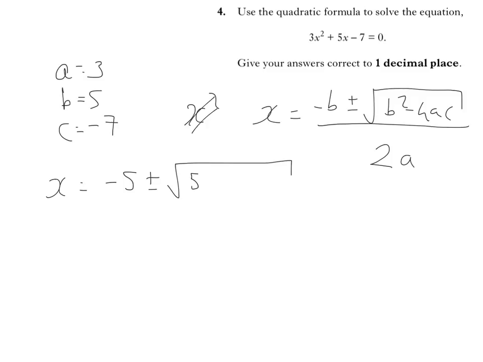So b squared is going to be 5 squared, minus 4ac is minus 4 times a, which is 3, times c, which is minus 7, all over 2a, which is 2 times 3 and that's 6.